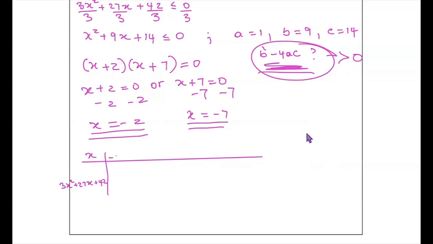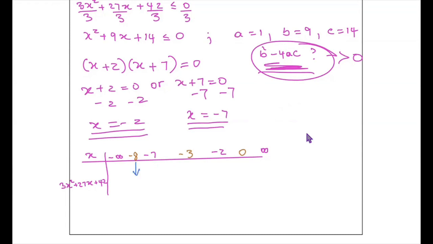So from negative infinity to positive infinity, we have two values for which it equals 0. We have -7 and -2. And inside of each interval, we're going to try to find a value for which we can evaluate the sign of the expression over each interval. So let me take -8 here. I will try to take -3 inside of this. And then from -2 to infinity, I'll try to take 0 to make it easy for me.